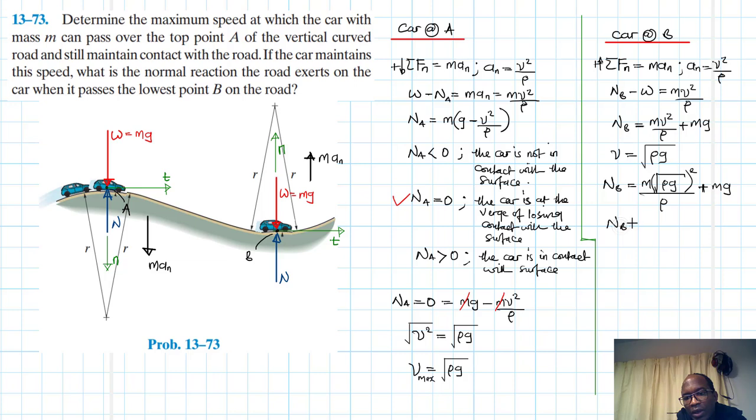Therefore, our N_B will just be equal to m rho g divided by rho plus mg. So rho and rho go. Therefore, N_B will just be equal to 2mg.